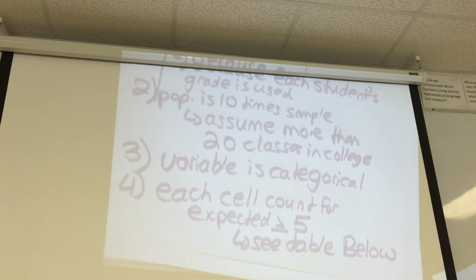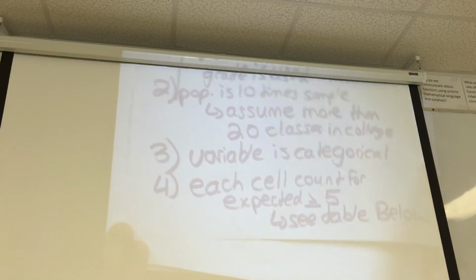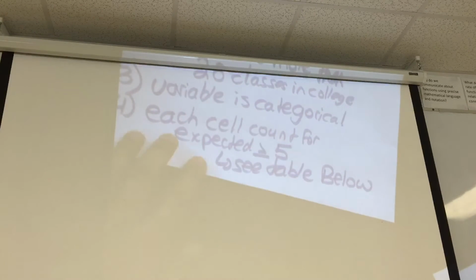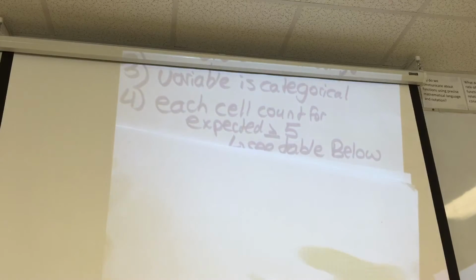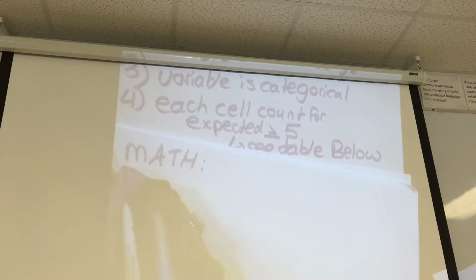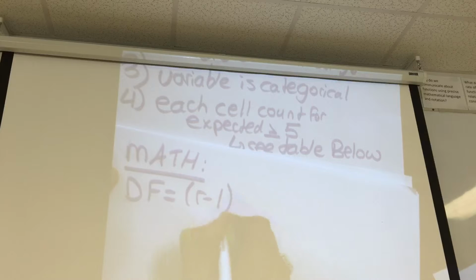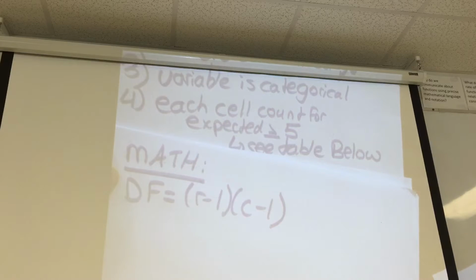So the 4 conditions. So the next step is the math. On the math, you can just quickly calculate degrees of freedom, which, as we said, was rows minus 1 times columns minus 1.